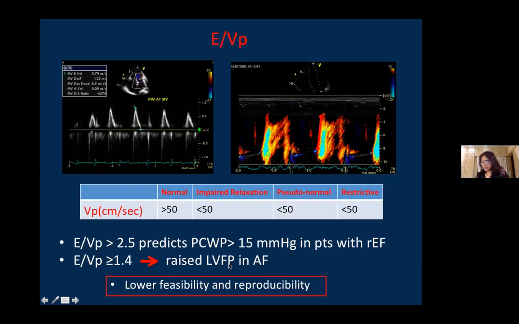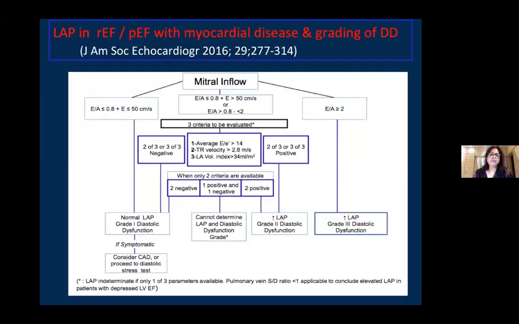So this way it is helpful, but it has got low feasibility and reproducibility, but we can always get the value and it's very easy to do. Now, till now, we were measuring everything at rest, whatever criteria we were measuring, mitral flow or pulmonary flow.